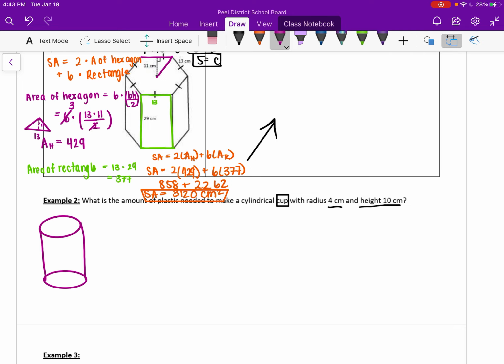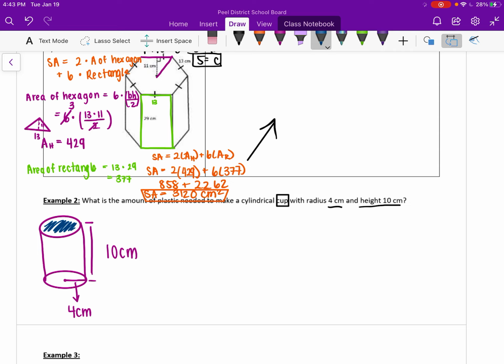I know that the radius, from here to here, is going to be 4 centimeters. From the top to the bottom is going to be 10 centimeters. One thing I need to remember is that because it's a cup, this top is not there.